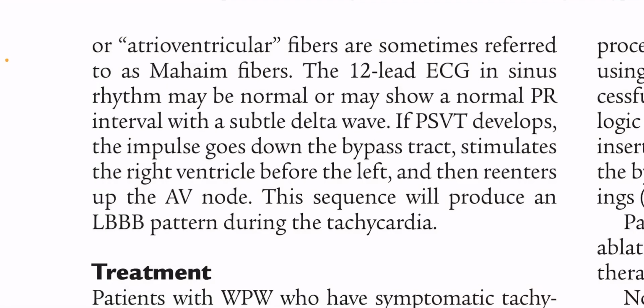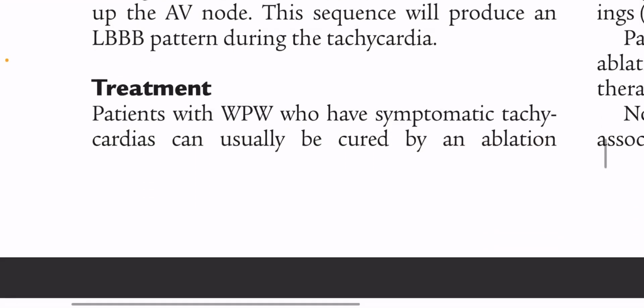The 12 lead ECG in sinus rhythm may be normal or may show a normal PR interval with subtle delta waves. If PSVT develops, the impulse goes down the bypass tract, stimulates the right ventricle before the left, and then re-enters up the AV node. This sequence will produce an LBBB pattern during the tachycardia.